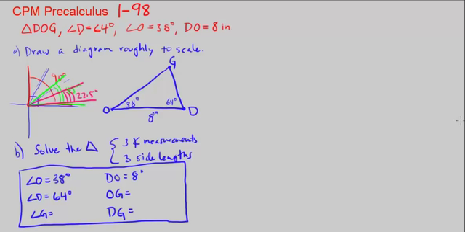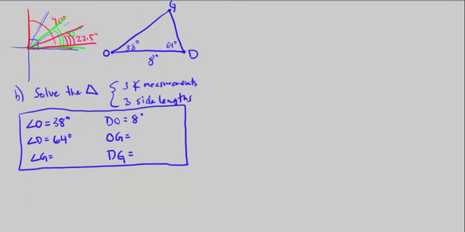So let's do that. Let's go over here, and let me start off by looking at the angles. If we have 2 angles of a triangle, we can always find the third angle. That's because if we add up the 3 angles in a triangle, the sum is 180 degrees.